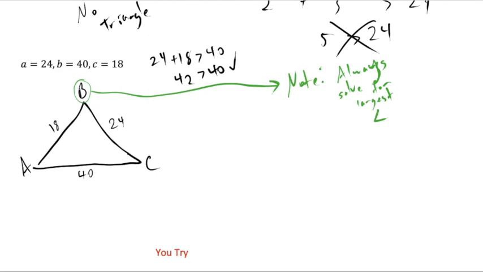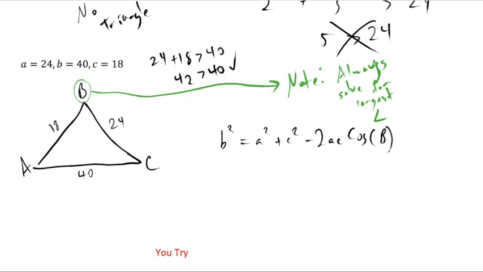Since I'm solving for angle B, the equation would be B squared equals A squared plus C squared minus 2AC times the cosine of angle B. The side for the angle I'm looking for is on the opposite side of the equal sign. It's the other two sides squared minus 2 times those two sides times the cosine of B.